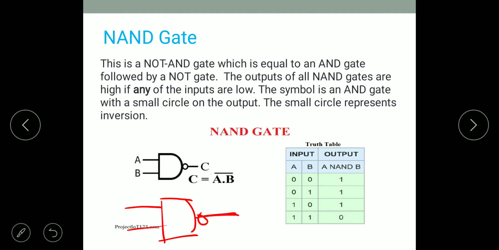The AND gate truth table has the 0 0 combination, and the output is 0. Wait, I will show you the AND gate slide.